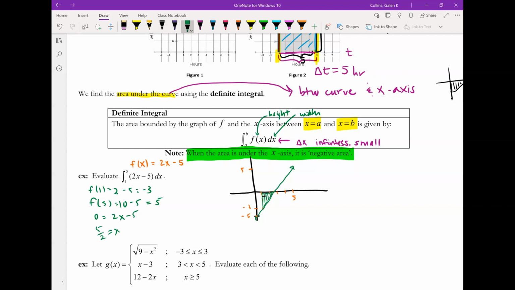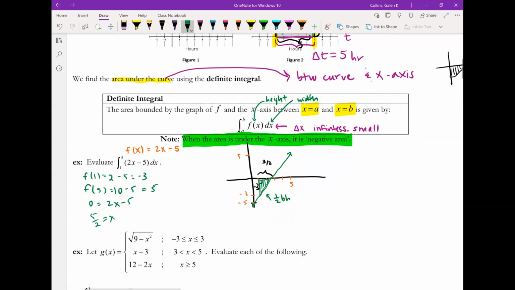So I've got to remember how to find the area of a triangle. That's just 1/2 times the base times the height. The height of this triangle is our -3, and the base, from 1 to 5/2, 5/2 minus 1 gives us 3/2.